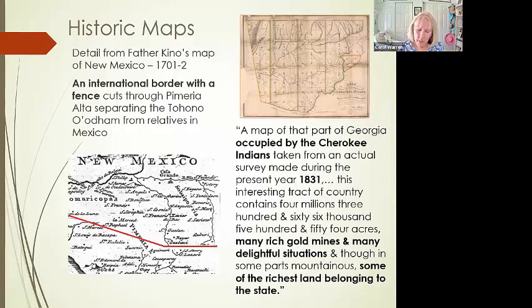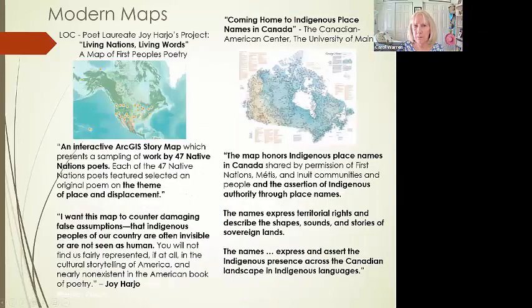So a few tribes went peacefully, but many resisted this relocation. And during the fall and winter of 1838 and 39, the Cherokee were forcibly moved west by the government, and approximately 4,000 Cherokee died on this forced march, which of course we all know as the Trail of Tears. So maps can be quite helpful if you want to teach a specific part.